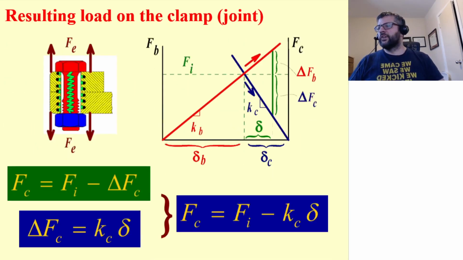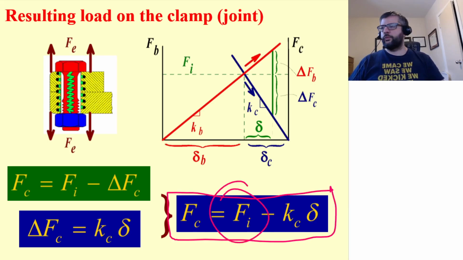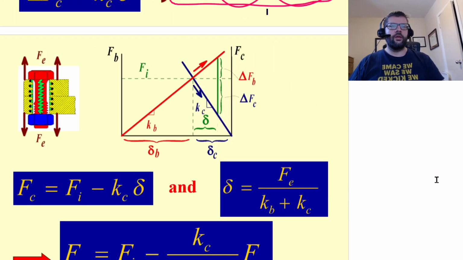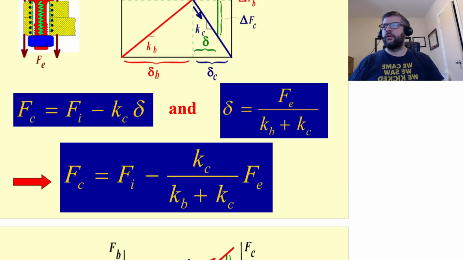And then a similar idea for the load on the clamp, so how much clamping force there is in the joint. It's going to get reduced from its initial point by an amount proportional to the displacement and the stiffness. So again, that delta is still equal to Fe divided by Kb plus Kc.